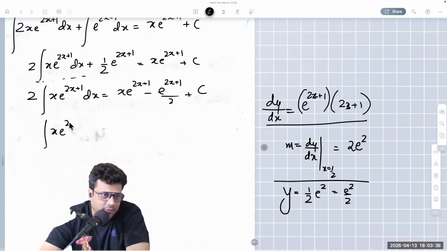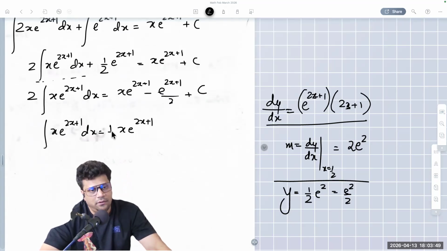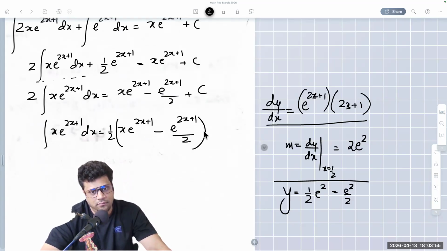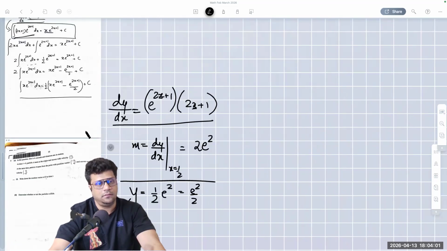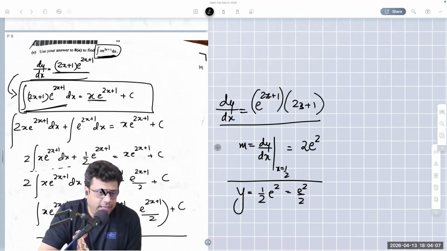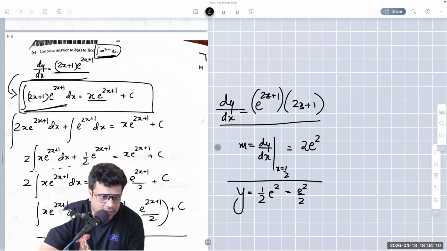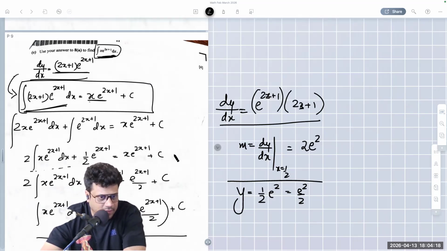So the integral of x e to the power of 2x dx equals this divided by 2, or you can keep the 1 by 2 out there, minus this by 2, plus a c. That is the result. Divided by 2 or multiplied by 1 by 2, one and the same thing. That looks all right to me.